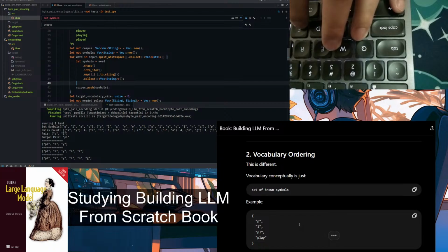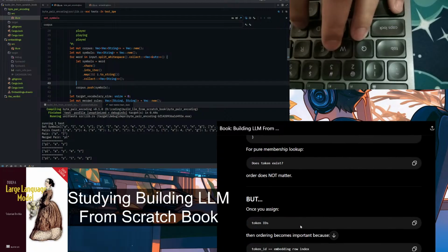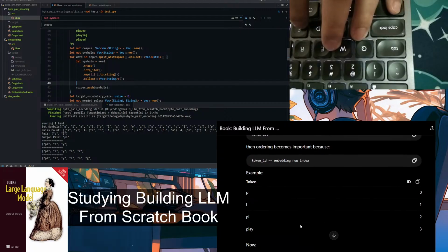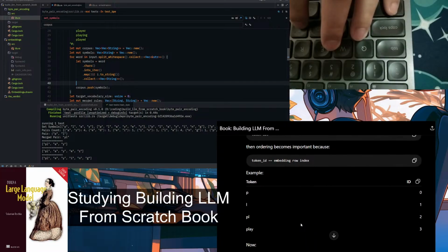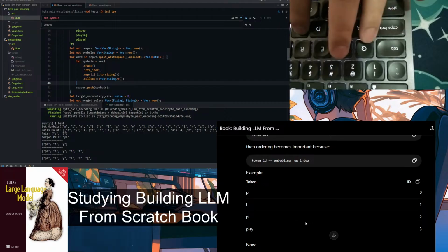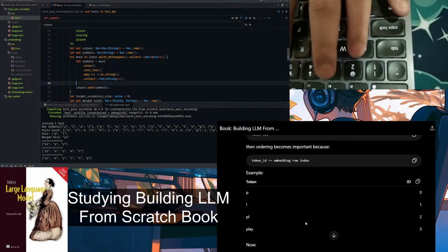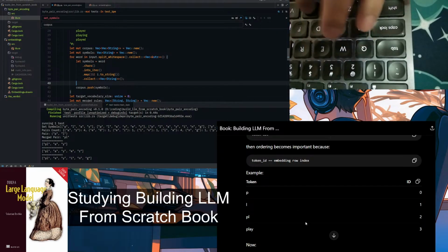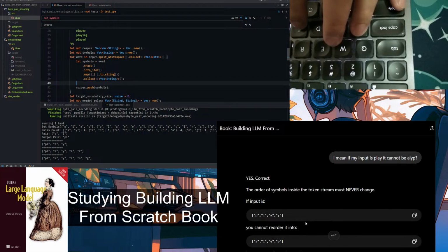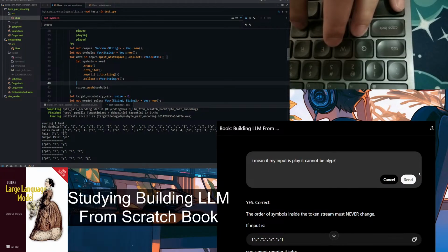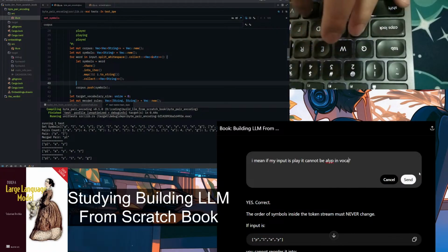The vocabulary can casually adjust the set of known symbols. If my input is play, it cannot be AL. The order of symbols inside the token stream must never change. And hindi na naman niya naintindihan.